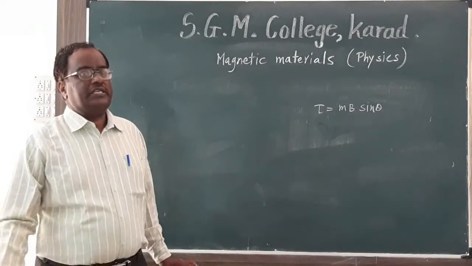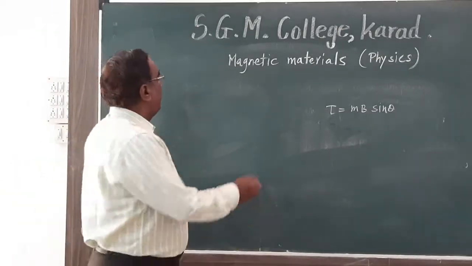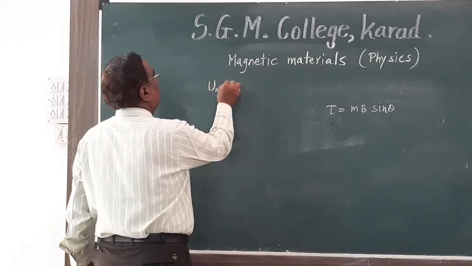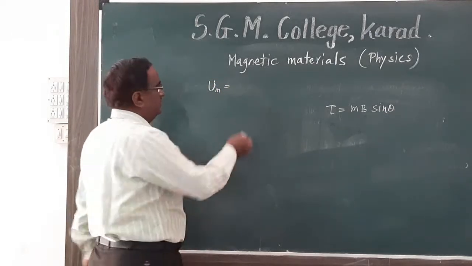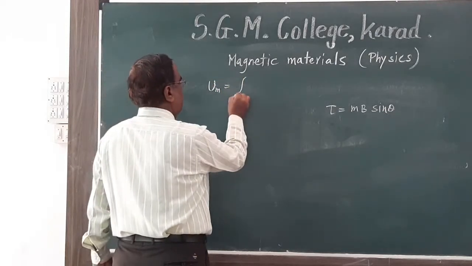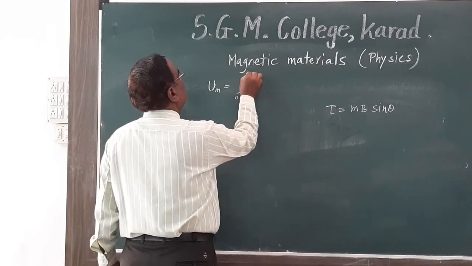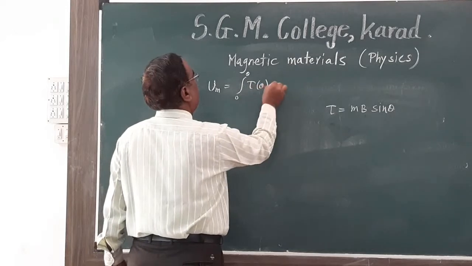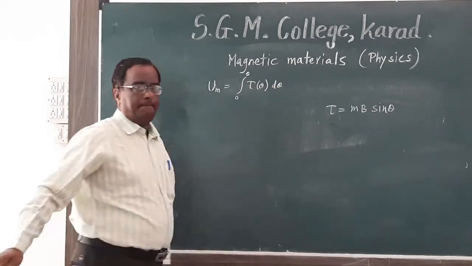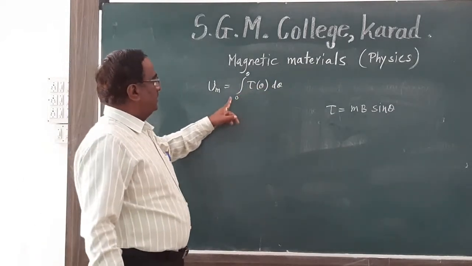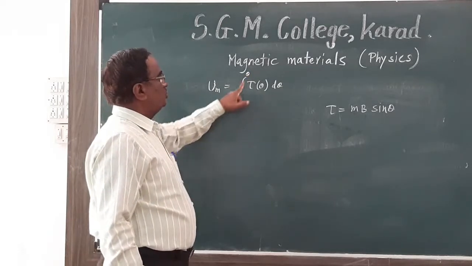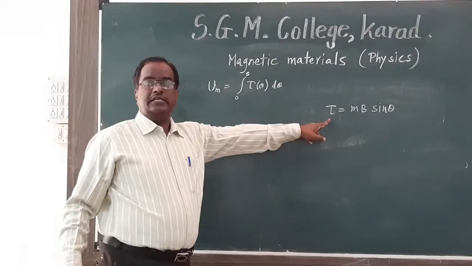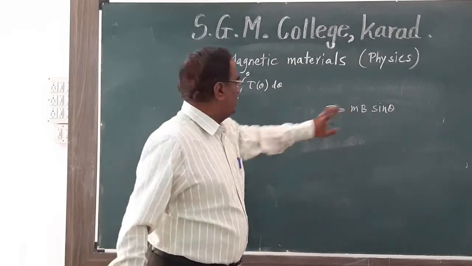Now, how is this potential energy determined? Potential energy in magnetic field is determined by integration of tau d theta, with limits 0 to theta. We have already derived the formula tau is equal to m B sin theta.